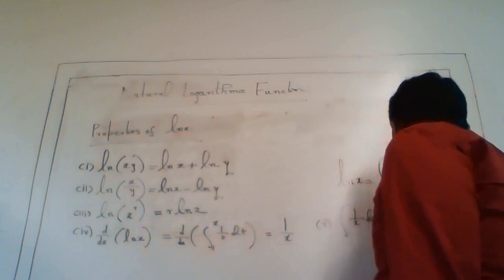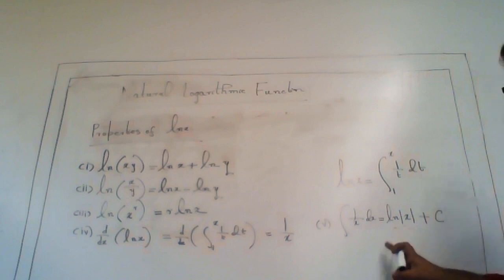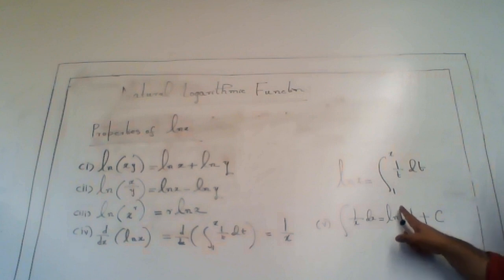Why did I put the absolute value? Because the domain of ln x is always positive. So whatever x I put, I should always put the bars so as to make the argument positive.